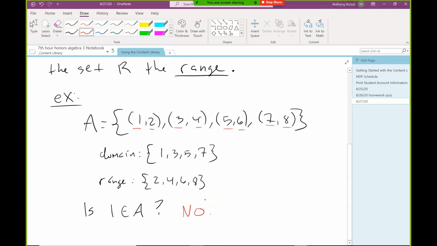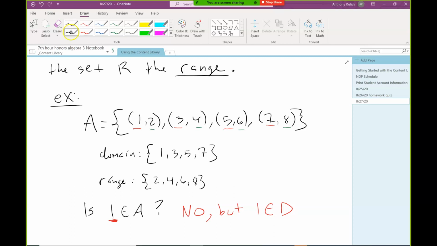The answer here should be no. Remember that a relation is a set of ordered pairs. So the things inside the relation are ordered pairs. 1 is not an ordered pair, right? However, 1 is a member of the domain. Okay with that?